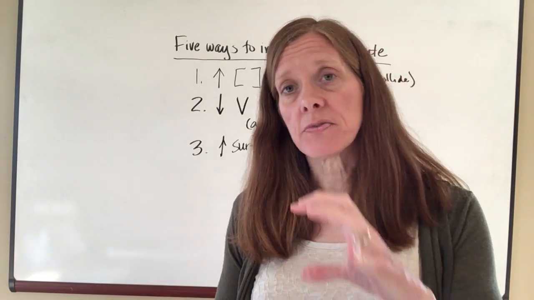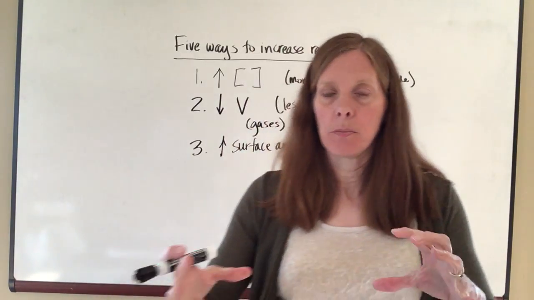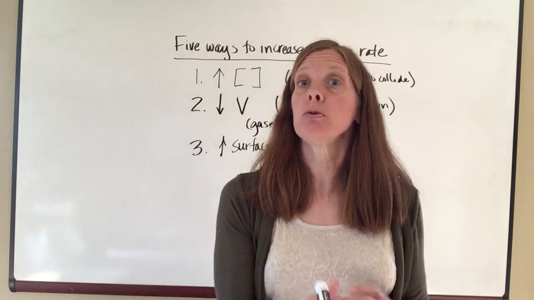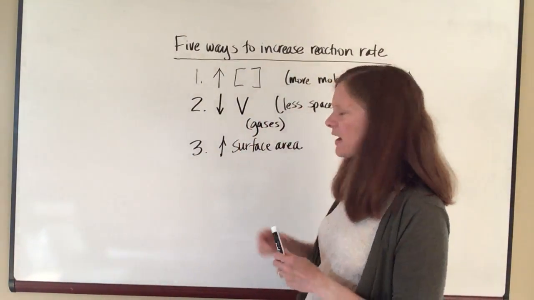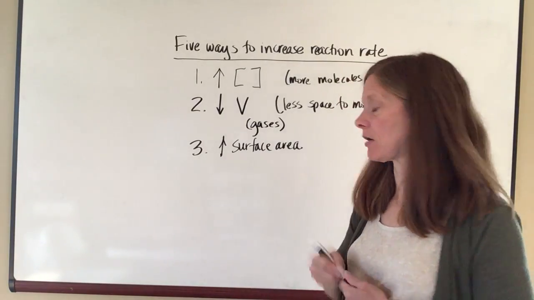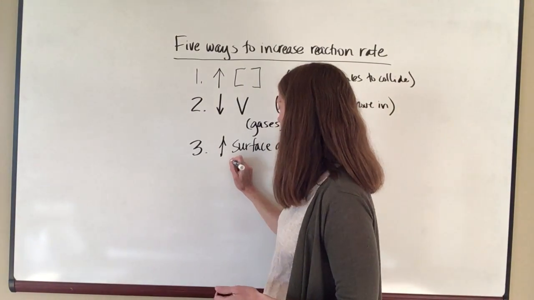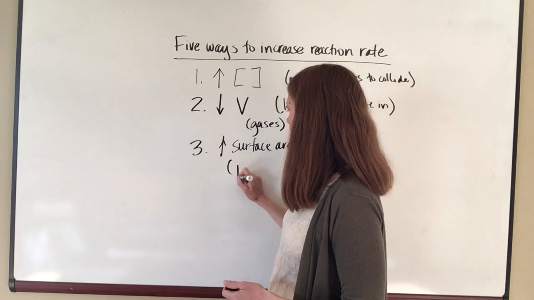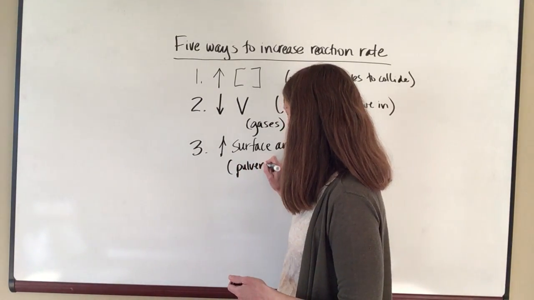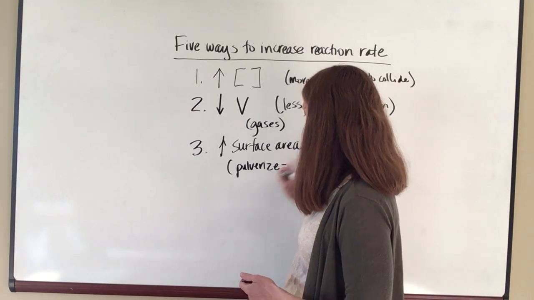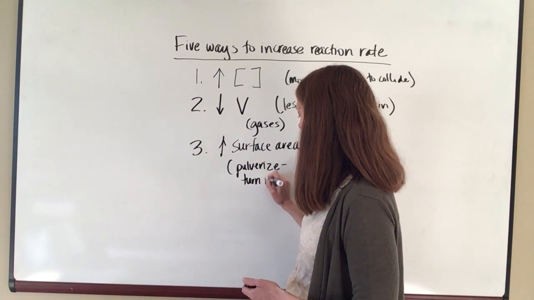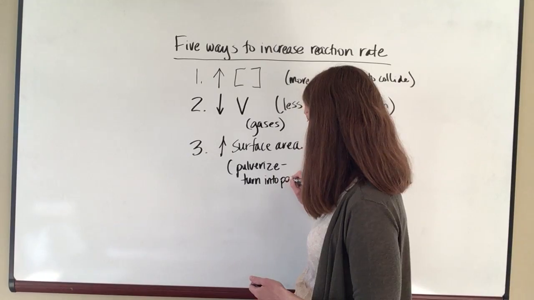In order for effective collisions to happen, the molecules have to be exposed to each other. And so if I can increase the surface area, in other words, if I can pulverize them, I can smash them, I can turn them into a powder, then I'm going to increase the surface area.